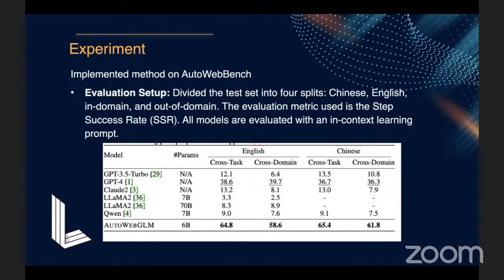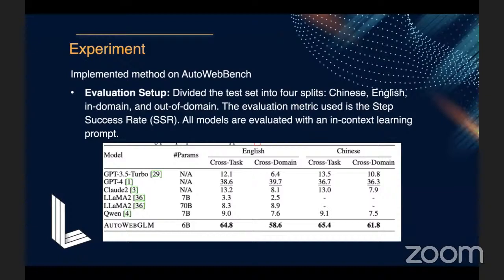Basically, comparing with Llama 2 at 7 billion and 70 billion parameters, for English cross-task it performs at 3.3 percent and 2.5 for cross domain. For Chinese, the Llama 2 model is not implemented.